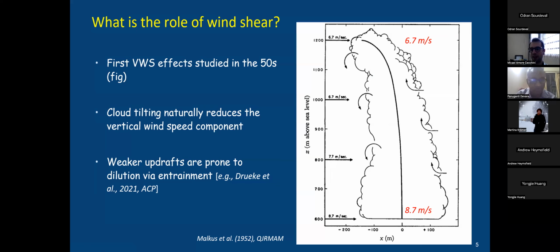This makes the cloud a little bit slower to grow in depth, and also makes it more susceptible to dilution effects. Dilution via entrainment will make the updrafts weaker as well. So overall, this is the most direct way in which wind shear affects shallow cloud formation and growth.